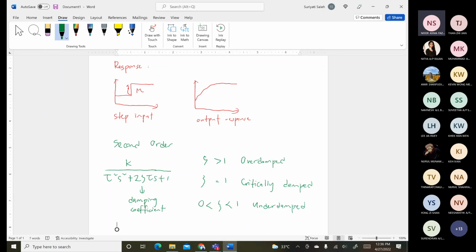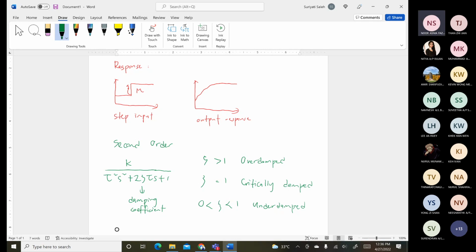Based on last Monday, I already introduced to you how to obtain the second order. From the second order, we obtain the transfer function. Then what we need to do next is to classify the class of the second order for the purpose of obtaining the inverse Laplace. So the classification is according to the value of the damping coefficient, psi.